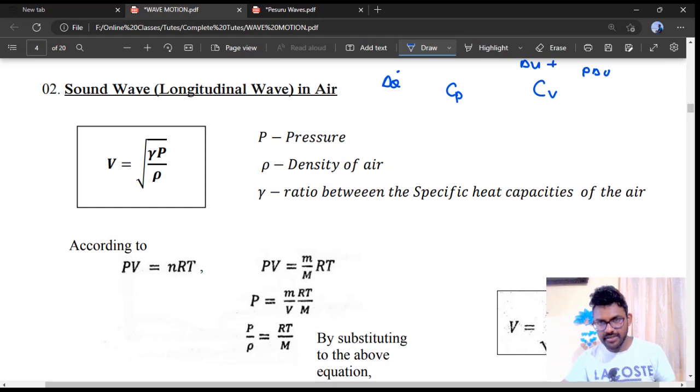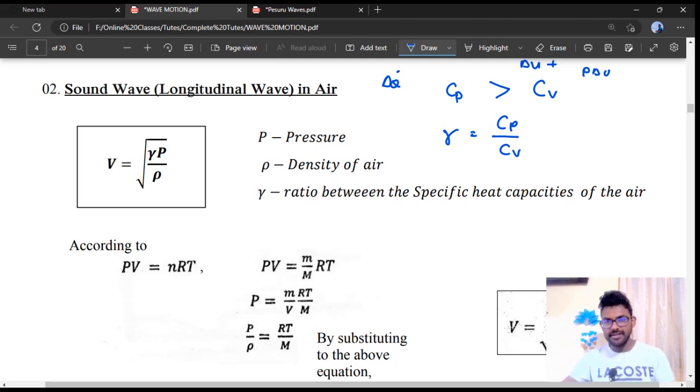So the specific heat capacity at constant pressure has to be higher than the specific heat capacity at constant volume. Then gamma is Cp over Cv. I think there also we have considered the same gamma.